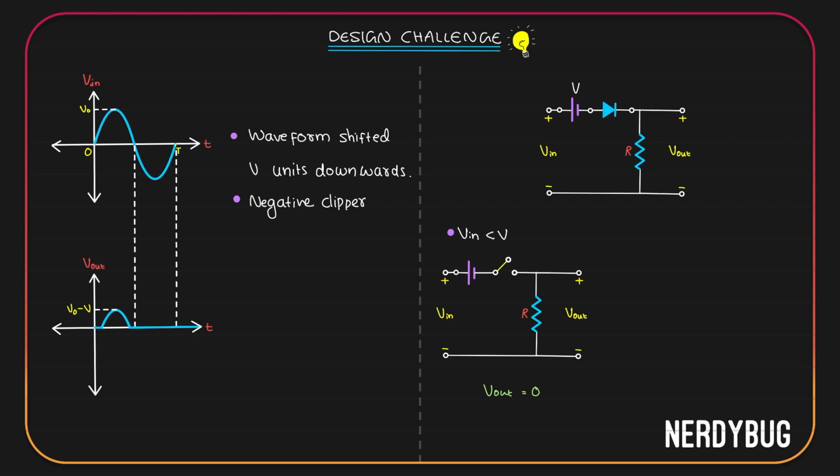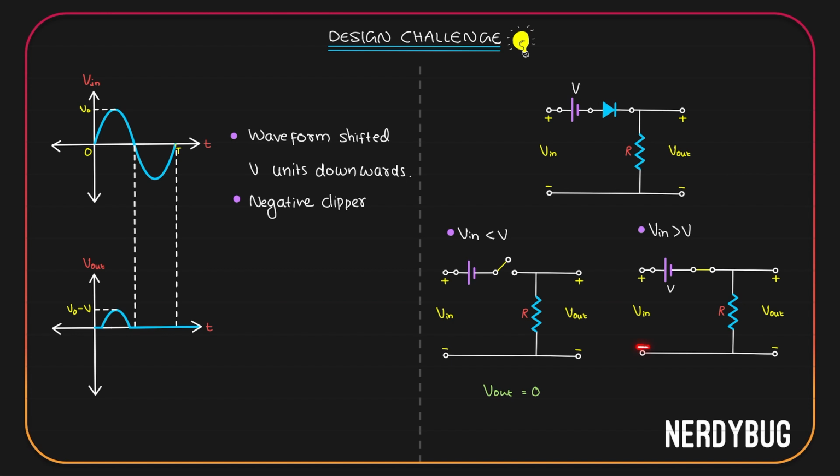Now, when the input voltage becomes positive enough, that is, when it becomes greater than V, the diode will become forward biased and we can model it as a closed circuit like this. Diode is in forward bias, so it is a closed circuit now. Let us use KVL to write a relation between output voltage and input voltage. I'll start from this point and go clockwise.